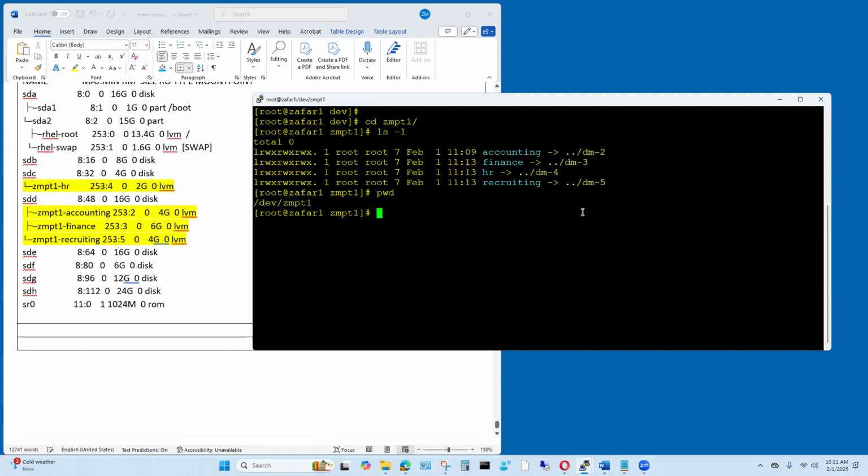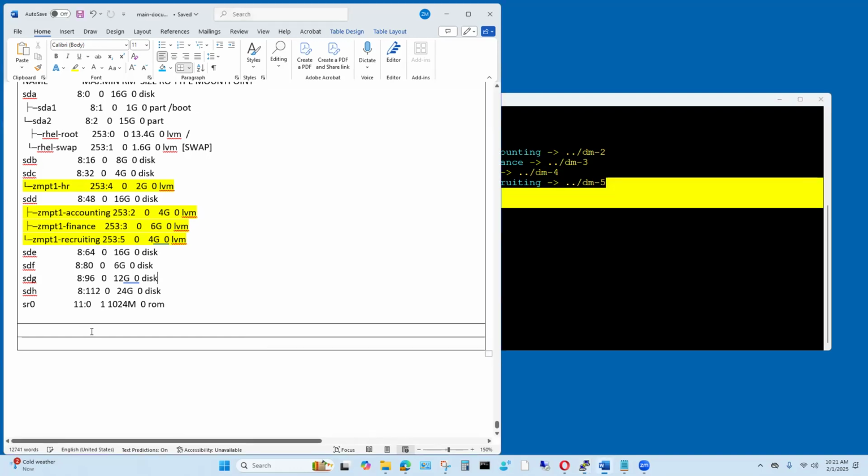Now, if you do PWD, you have to find which disk you want to format. We want to format /dev/ZMPT1/accounting. So you have to go in this directory to find out the disk path.